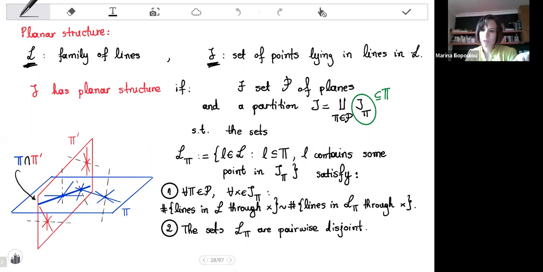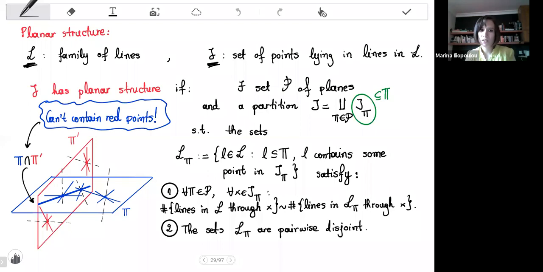That's what property 2 says. So it cannot contain red joints. It can't contain red points at all. Which means that, say, it contains blue joints, it has a fan of lines through it along the plane, through each joint, but it doesn't have fans coming out of it living on the other plane.